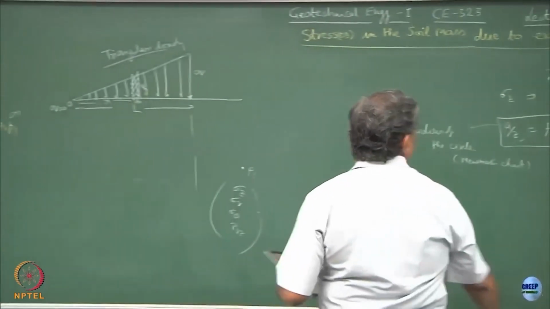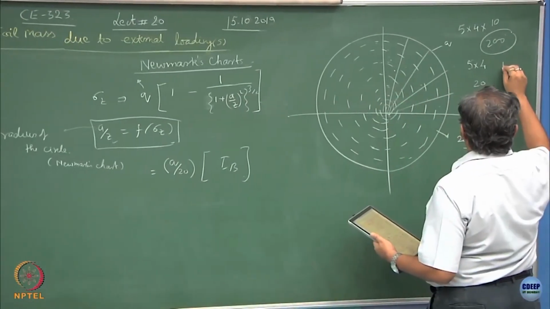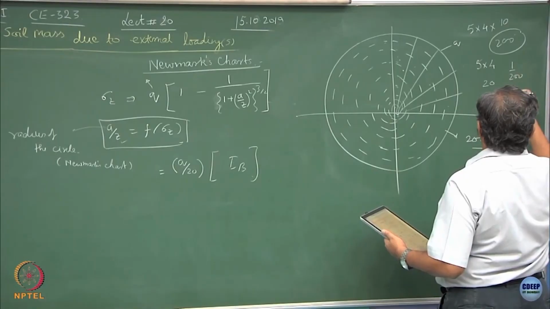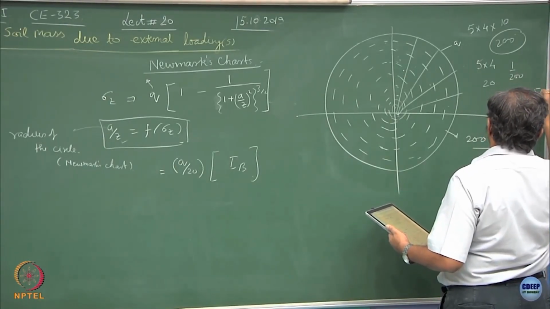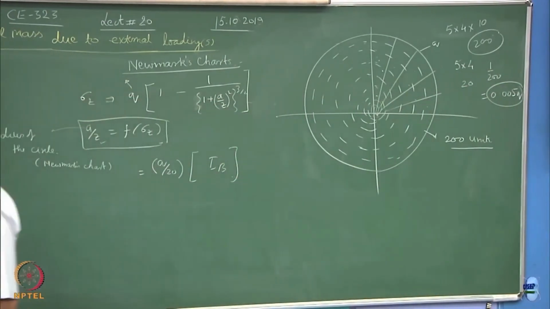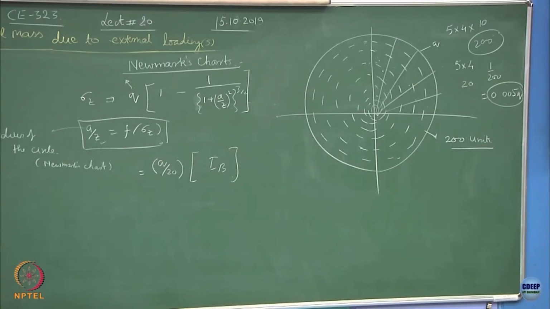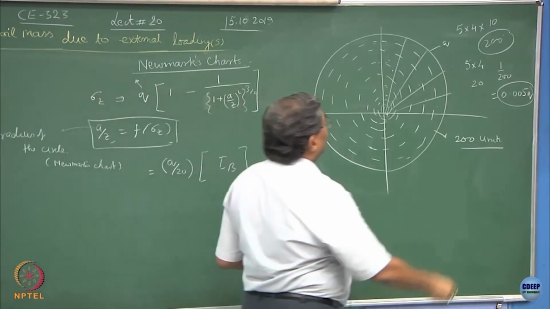So, what I have done is I have now dissipated the pressure into Q upon 200. So, this becomes equal to 0.005 times Q. Have you understood this thing? Each element in this chart is going to contribute equally, fine.